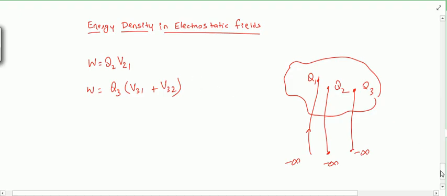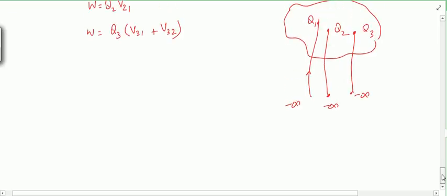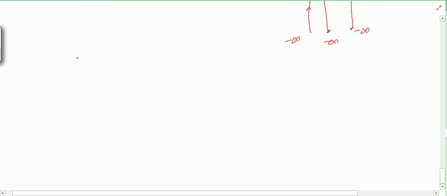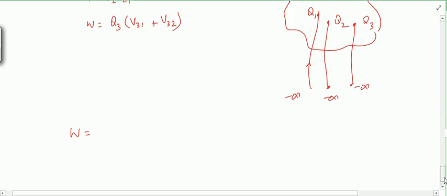So like this, if you take n number of charges, you have to do some work, and to find the total work I have to add these two and then find the total work.